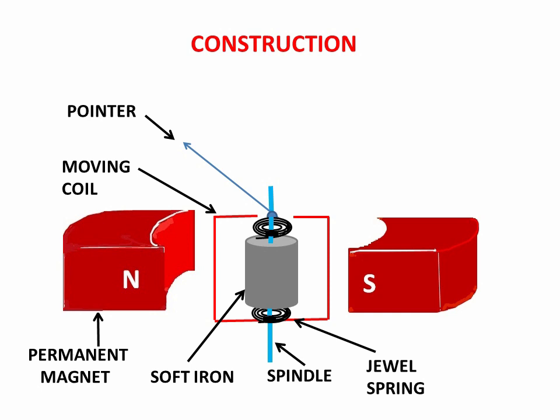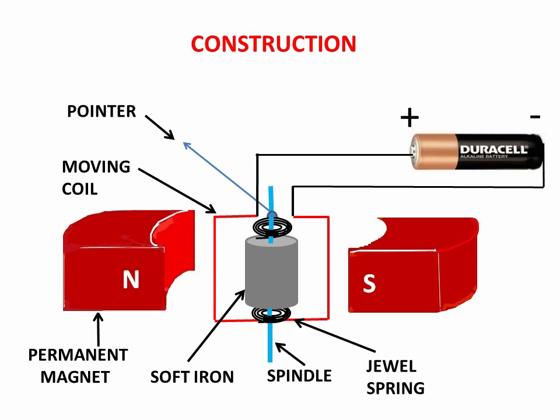It can slide over a graduated scale. The ends of the coil are connected with wires for DC voltage. For DC voltage, a 1.5 V cell is connected. The current is moving from positive terminal of that cell to negative terminal of the cell.